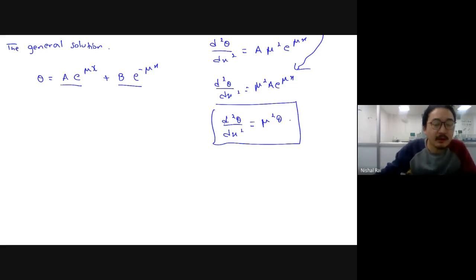Now here you can see how many unknown quantities are there. A and B, which is obvious because your differential equation was of second order. So at least you need two boundary conditions, or one initial and one boundary condition. And we have to determine this A and B from what? Boundary conditions.